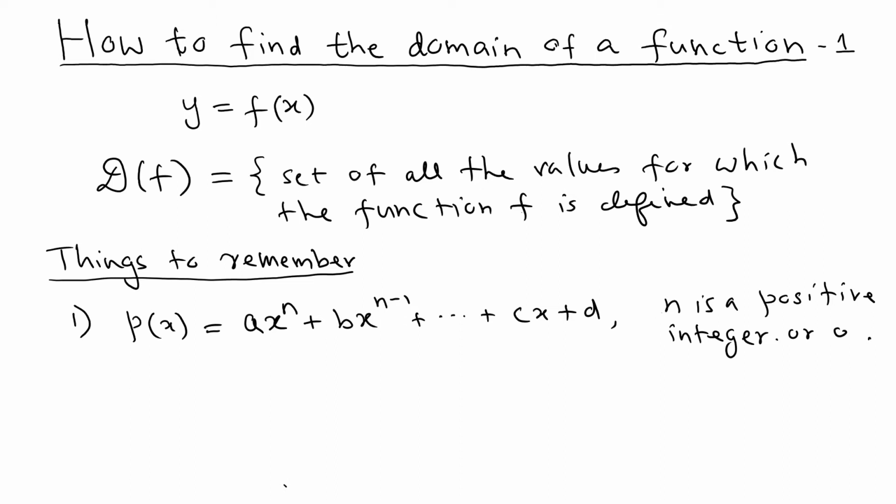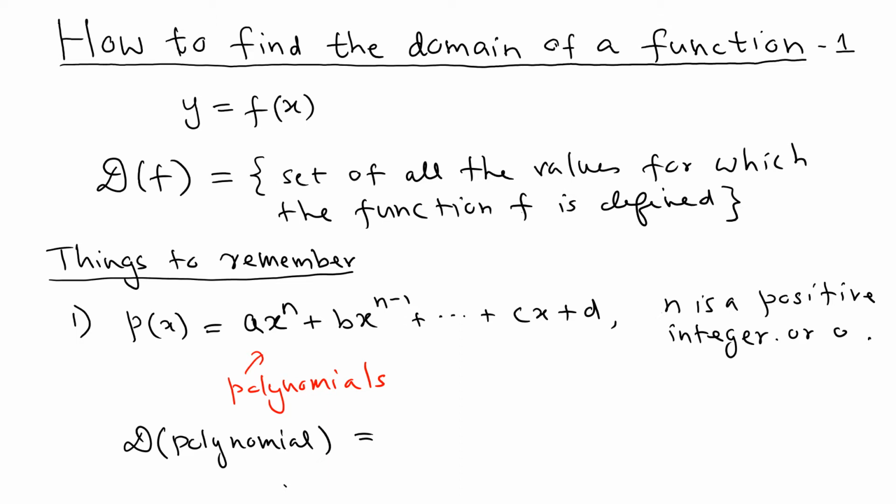So these kinds of functions are what we normally call polynomials, and we can learn more about this later. Because of this, the domain of any polynomial is simply all real numbers.